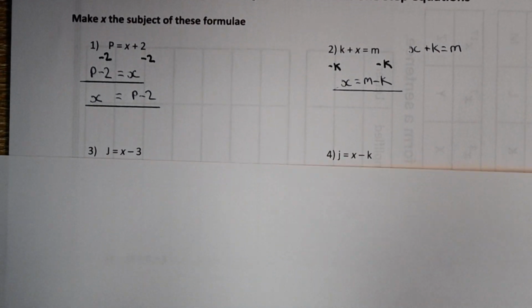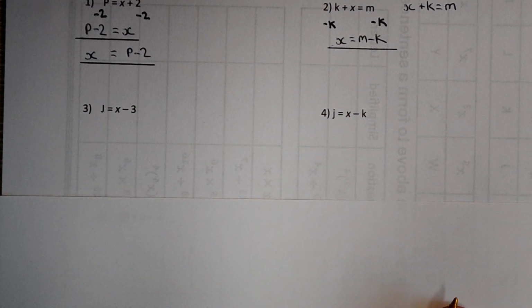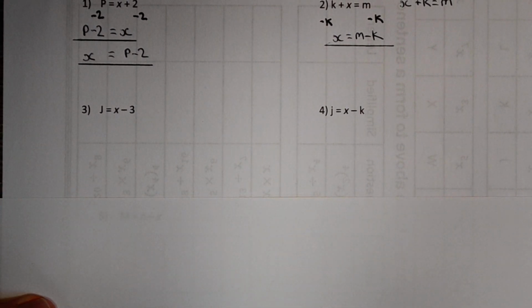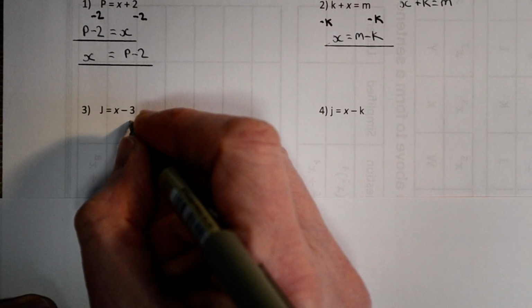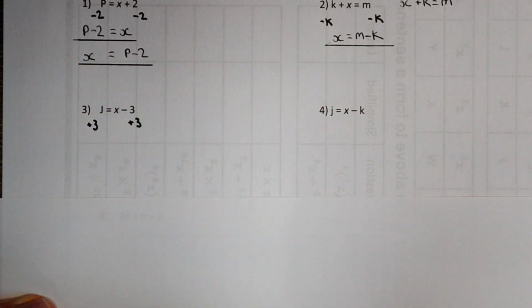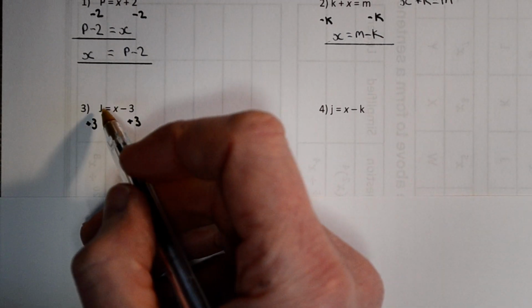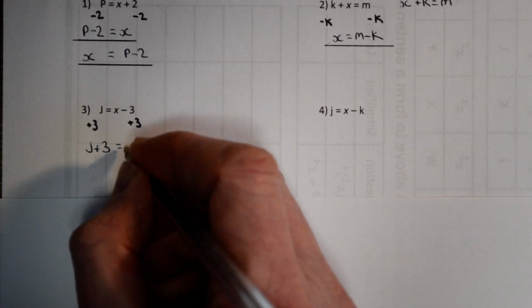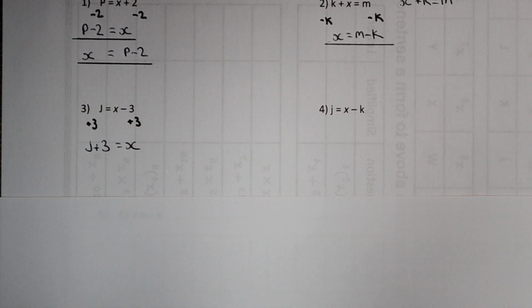Let's look at a couple of examples which involve subtraction. So what's the opposite of subtract? It's to add, isn't it? So with 3 subtracted, we need to add it on to both sides. So start with j here. j add 3 equals x.